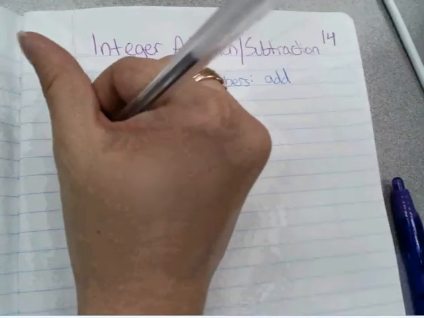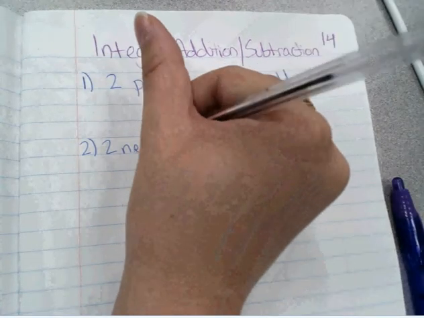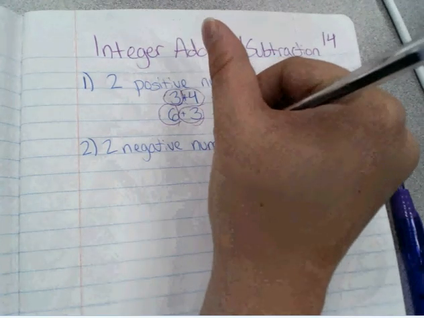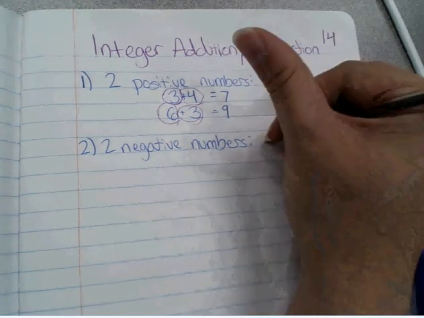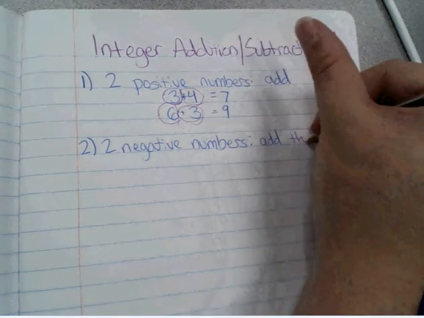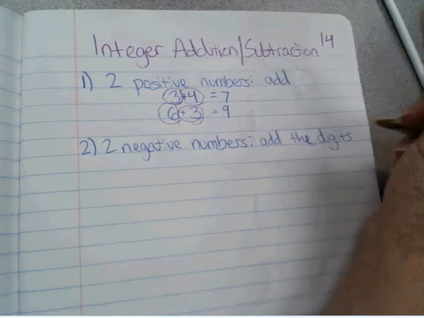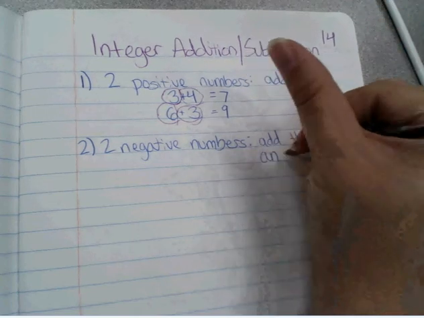The second case is if you have 2 negative numbers. So you have a negative sign in front of both the numbers. What happens here is you still want to add. You're going to add the digits, but the answer is negative.